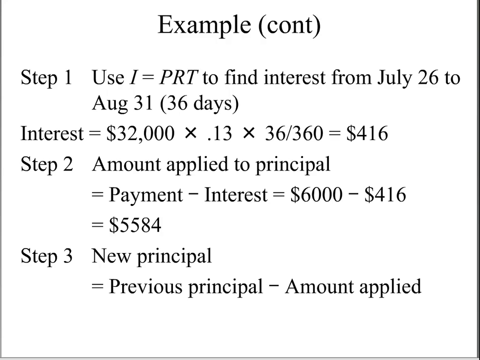So my new principal is my previous principal, the amount of the loan, minus the $5,584 we found in step 2. So now I owe $26,416. All right.